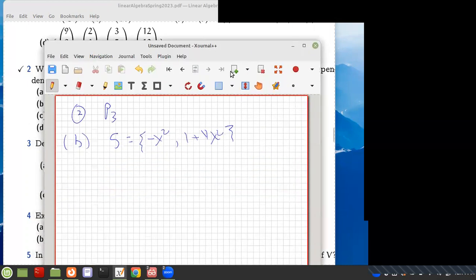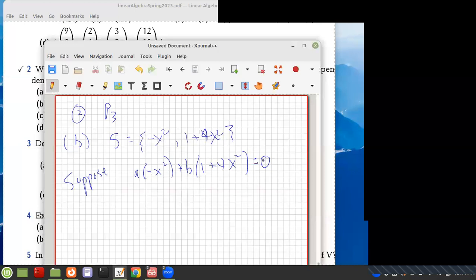And we want to know whether it's independent, so we do the same pattern. We suppose that the linear combination of the vectors equals 0, because that's the 0 vector, right? Now we have to get the linear system, the augmented matrix.